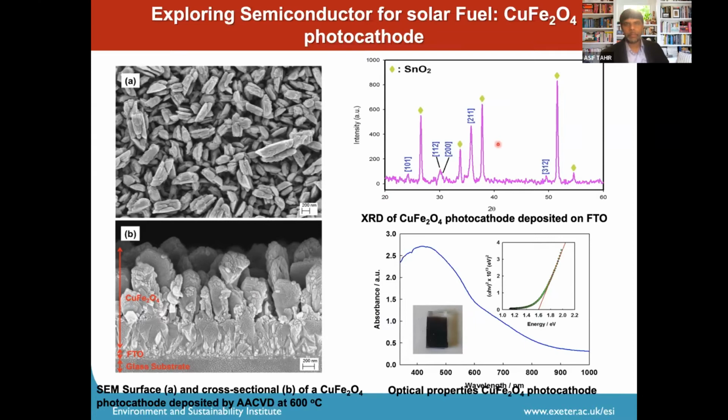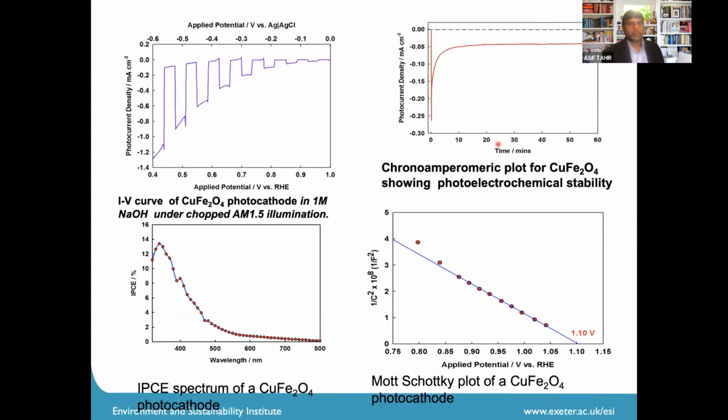Whereas the XRD shows that a single phase material has been deposited using the simple chemical vapor deposition technique. The photoelectrochemical studies prove that the material is photoactive as well as acts as a photocathode and is a P-type material, and has produced about 1.2 milliamps of photocurrent at 0.3 versus reversible hydrogen electrode.